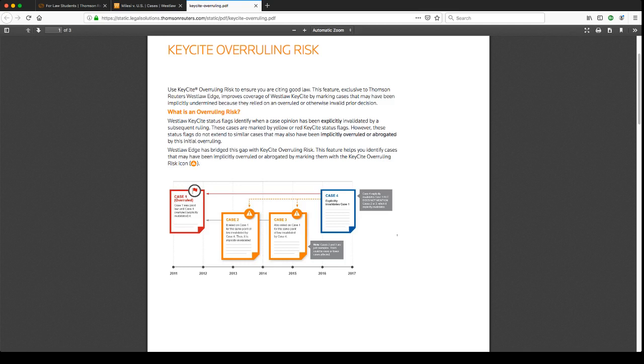Now, those cases were not directly cited when case 4 overruled case 1, but they are now pointing to bad law. And this has been a problem with citators for years. You know, researchers would be citing these cases without realizing that they're pointing to bad law.